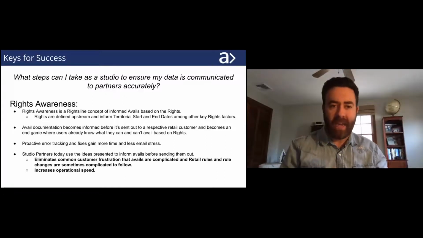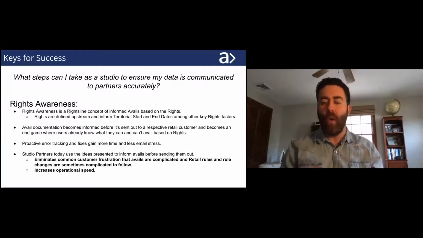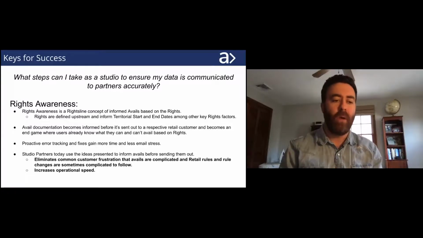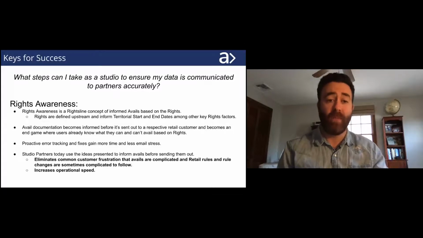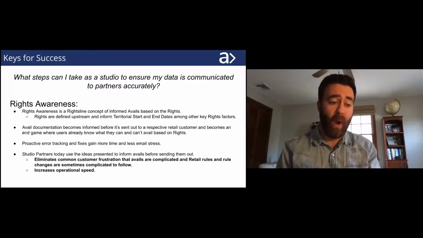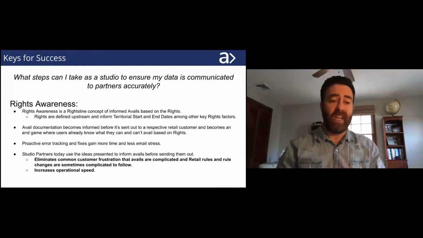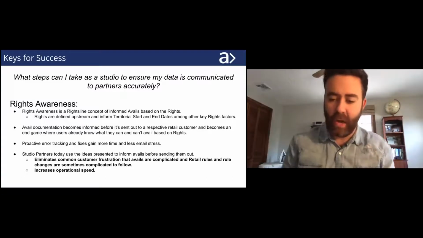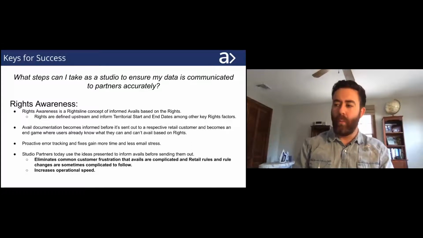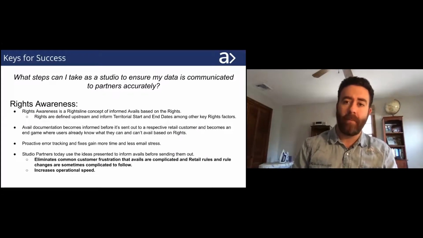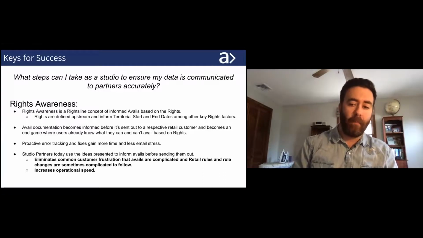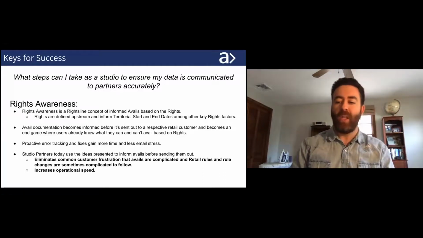Obviously, it becomes an end game where users already know what they can and can't do because their workflow is informed. It also provides proactive error tracking. I actually talked to a studio just last week who said, "Hey, I have this avail. There's issues with it, but I don't know what they are." Okay, how do you usually fix that problem?